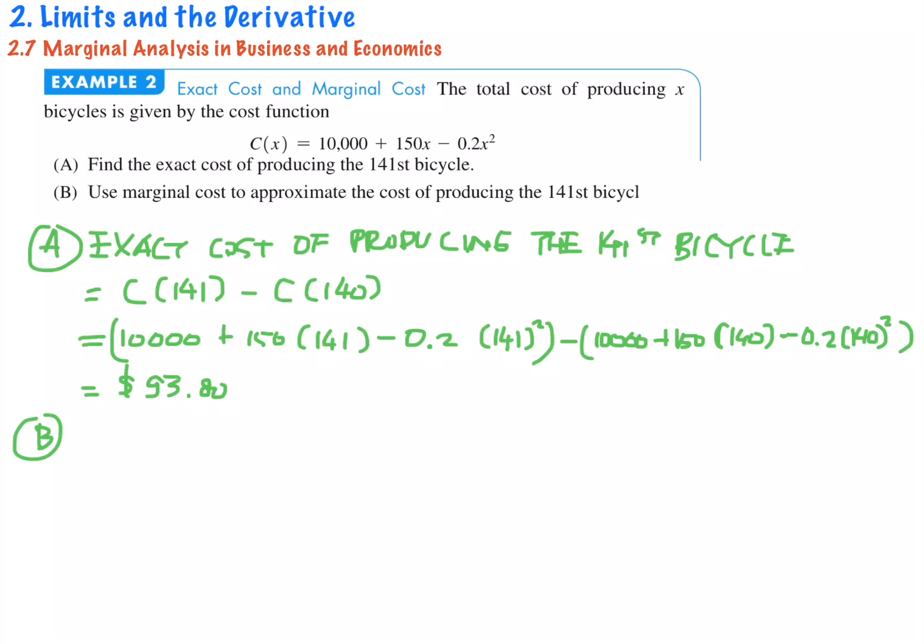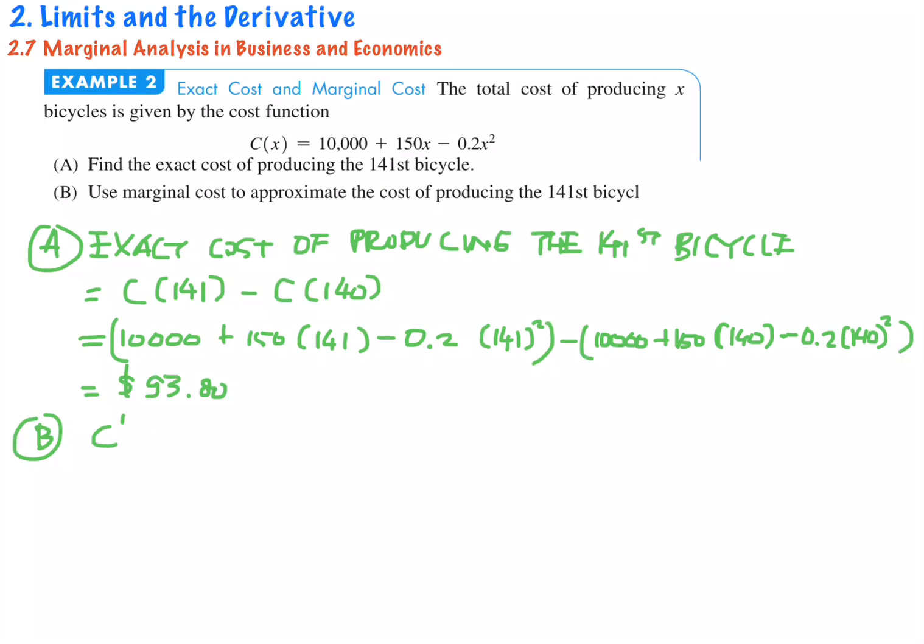This is the exact cost to produce the 141st bicycle. Part B: use the marginal cost to approximate the cost of producing the 141st bicycle. Now we are going to approximate it, so we use the marginal cost or the differentials.